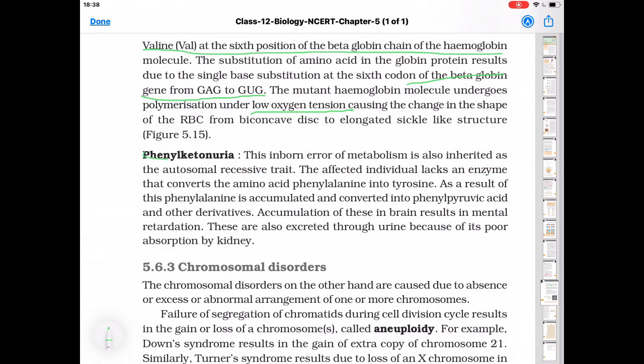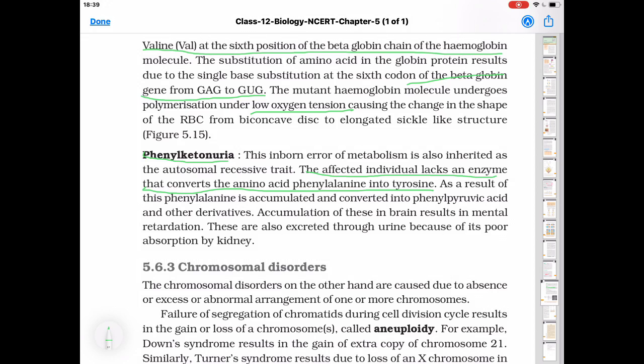Phenylketonuria. This disorder is present from birth itself. It is an autosomal recessive trait. The affected individual in this lacks an enzyme which converts phenylalanine, an amino acid, into tyrosine. Means in this one enzyme is missing which usually converts phenylalanine into tyrosine.